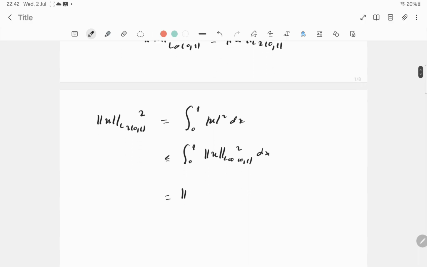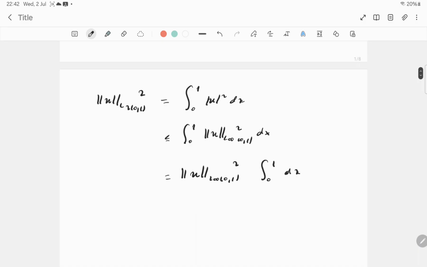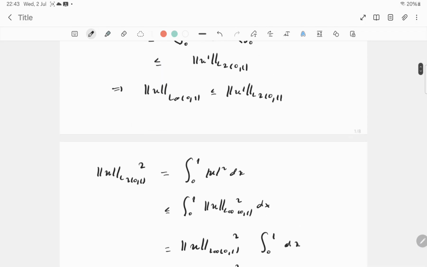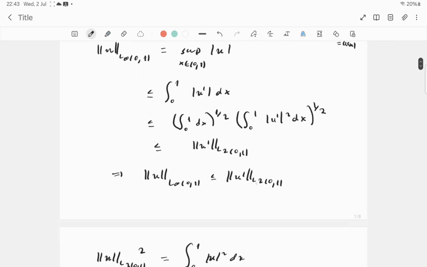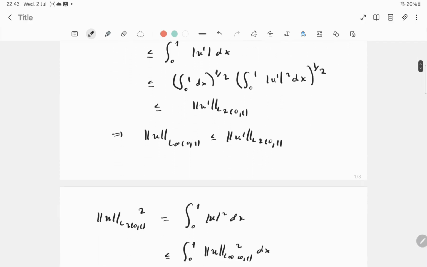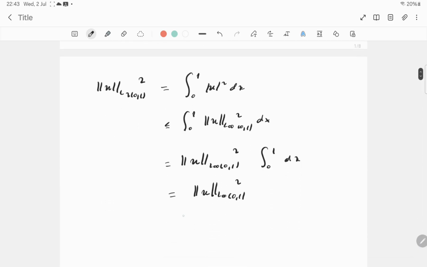We can take this outside the integral, the L infinity norm squared times the integral from 0 to 1 of dx, and basically that's the L infinity norm of u squared. And we have shown that the infinity norm is bounded, so this is bounded by the L2 norm of u prime on 0, 1 squared.